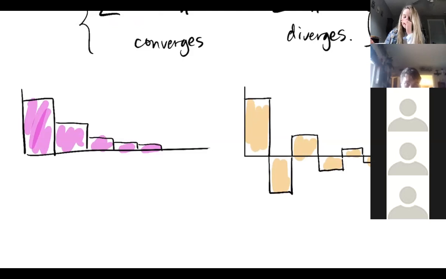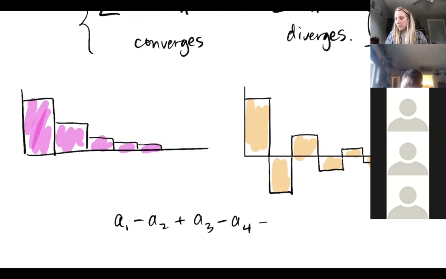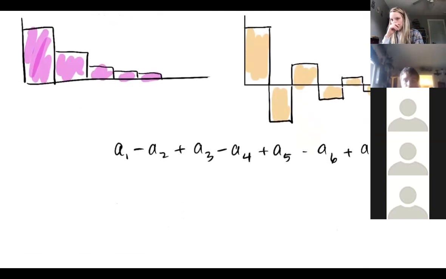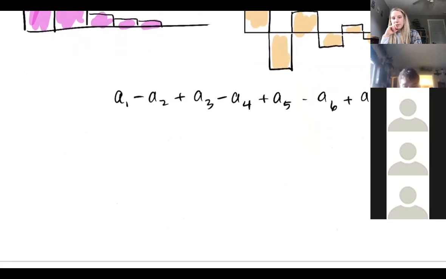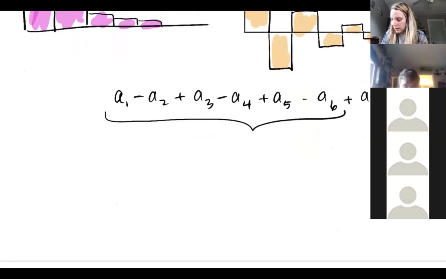Spencer and Michael, here is a picture of an alternating series. You've got some positive terms, A1, A2, A3, A4, and you add and subtract them back and forth. Basically, let's say we've added up the first six terms; let me write that as S sub 6.